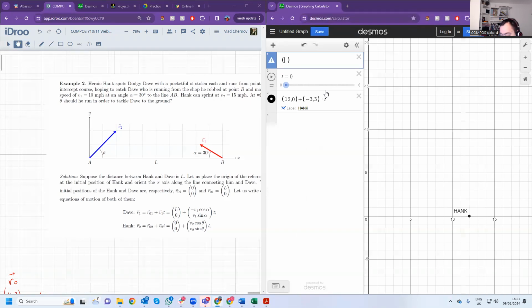We don't know L, but let's make it 20. 0 plus, now alpha is 30, so V1 is 10.